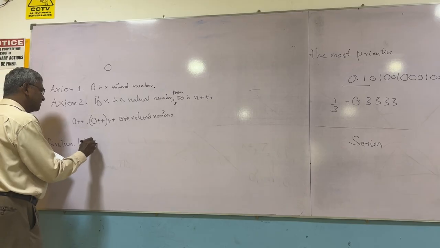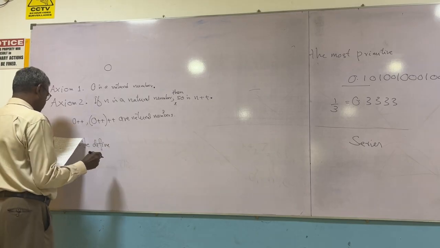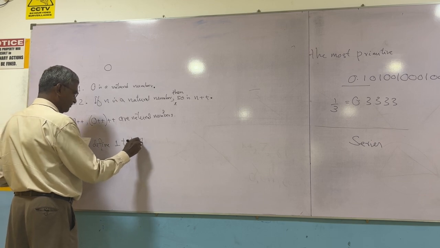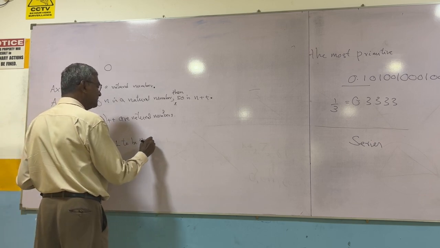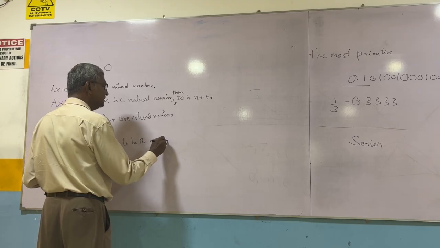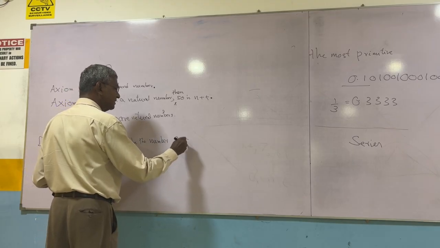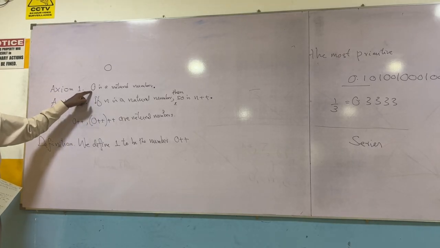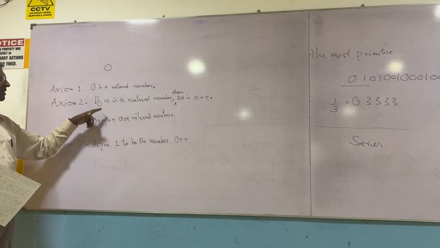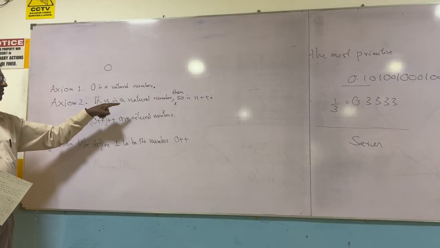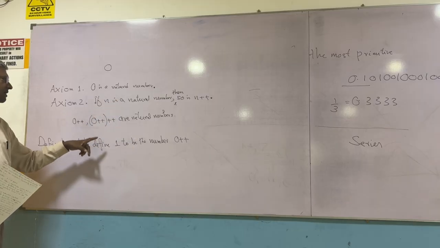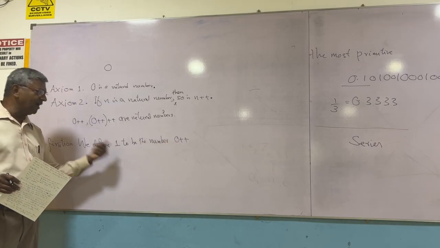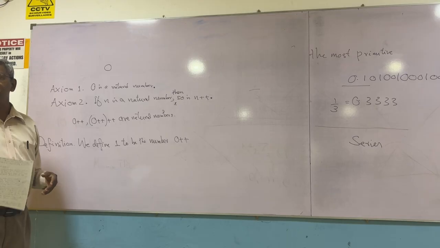Let me write it because it is important. What you know is 0 is a natural number from axiom 1. Then from axiom 2, you know if n is a natural number, then so is n plus plus. This 0 plus plus is a natural number. So actually 1 is equal to 0 plus plus. That's what it means.